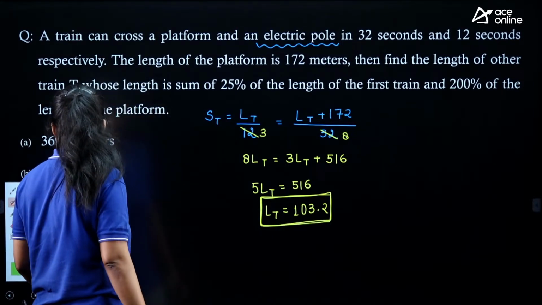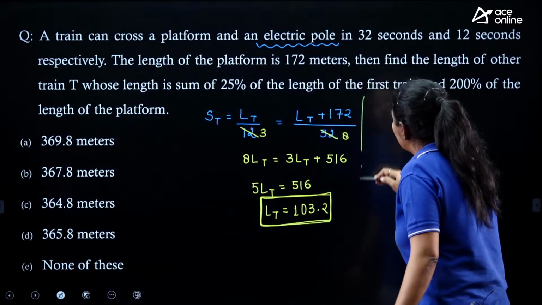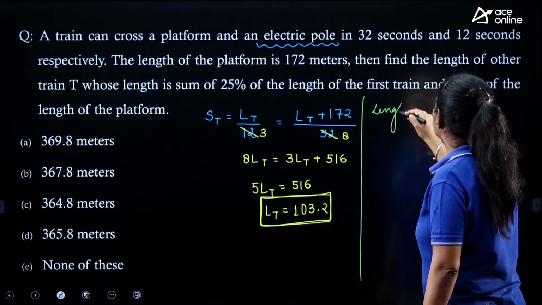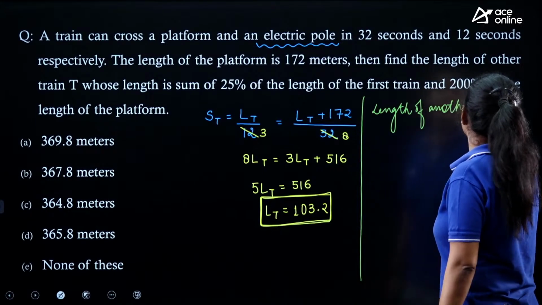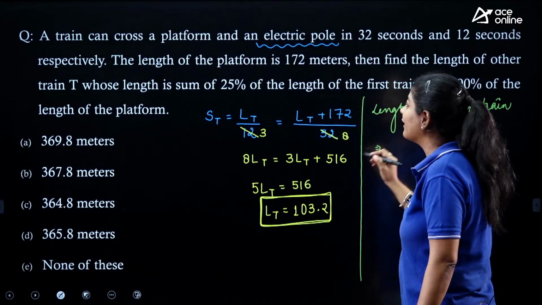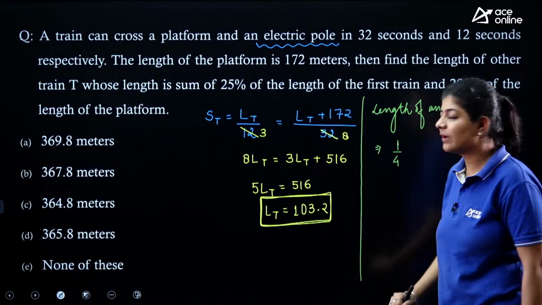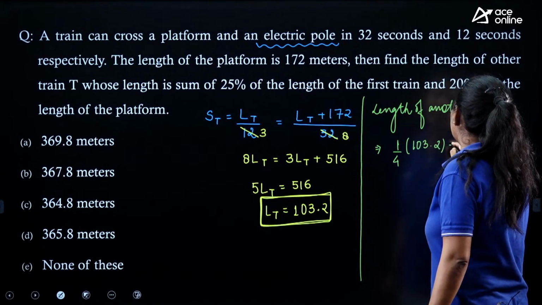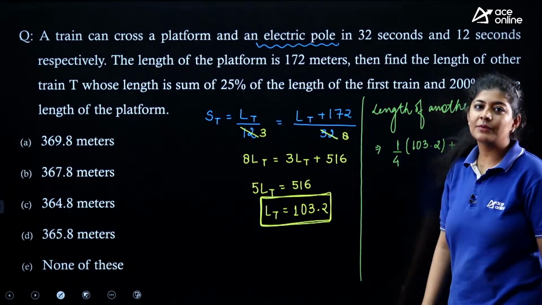Now the question is saying that we need to find out the length of another train, which is nothing but the sum of 25% of the length of the first train. That means 1/4, since 25% is 1/4, of 103.2, and 200%, that means twice of 172. This is what I need to calculate.